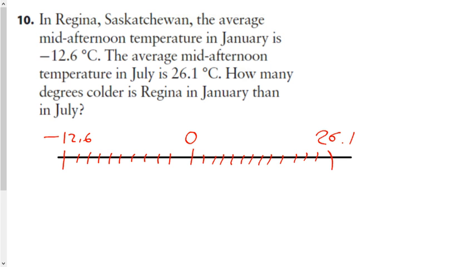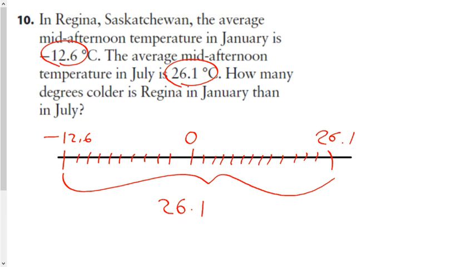So if I said how many degrees colder is it in January than July, from the picture standpoint, I kind of see what I'm going to have to do here. What do I have to do here to get that answer? How many different degrees? I'm going to have to add those two together, right? So really what I'm doing here is 26.1. I'm actually finding the difference between the high and the low, which actually means subtraction.